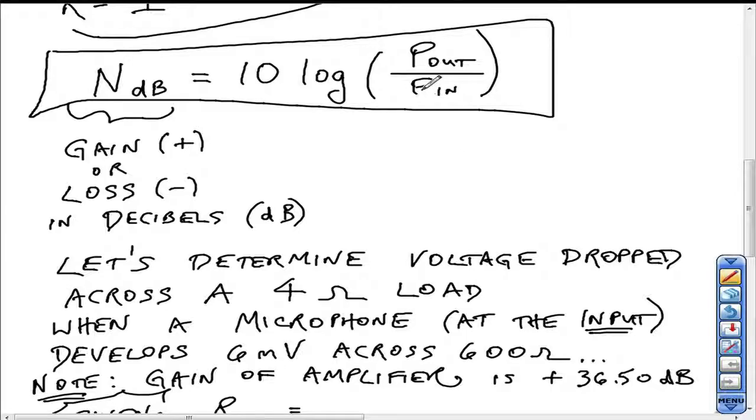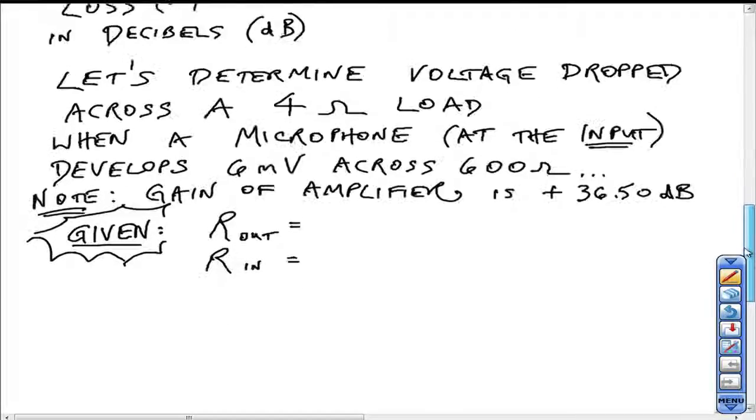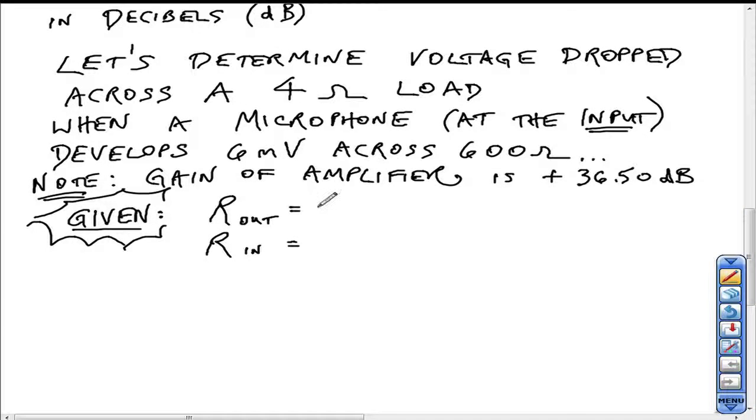Not just power, but everything that is involved in calculating power. In other words, resistance, and in this case, voltage. So things to observe: we have R out that we need to figure out and R in.